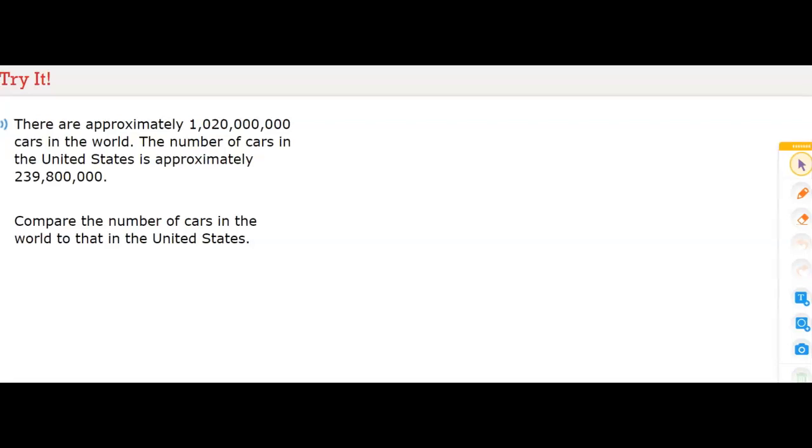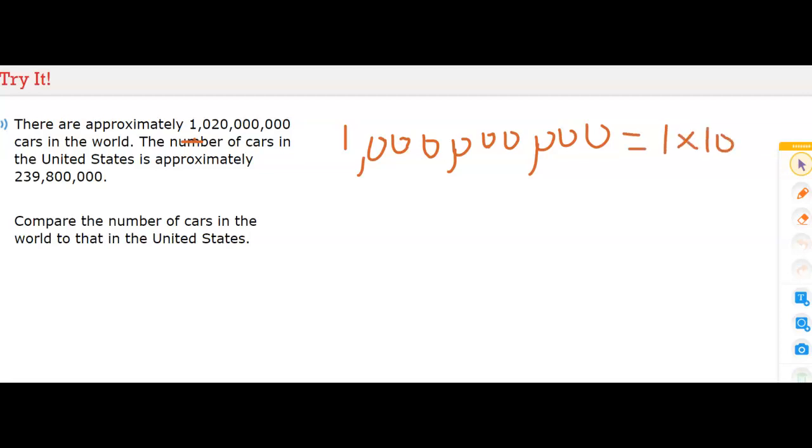Okay, so we're going to look at the first digit, the 1, and next door is a 0. So we have 1, 2, 3, 1, 2, 3, 1, 2, 3. So this is equal to 1 times 10 to the 9th power.